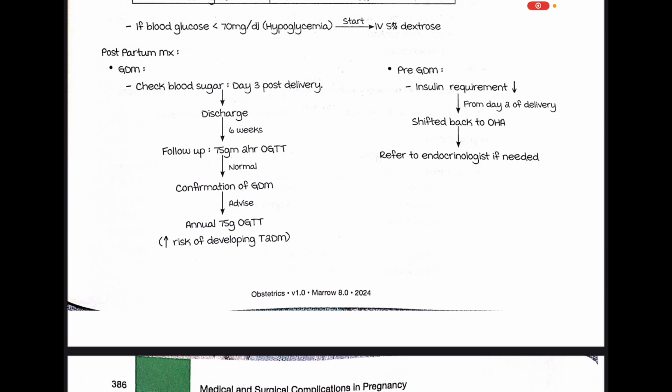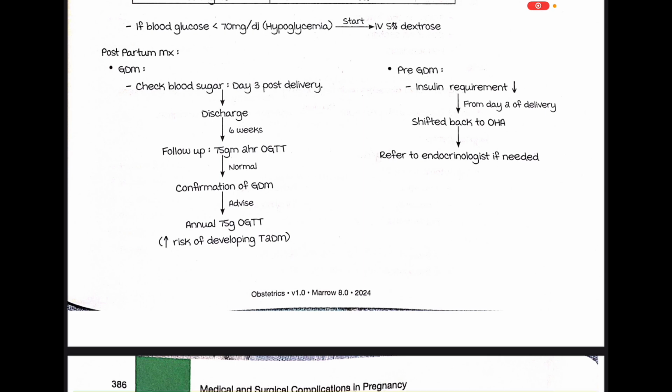Postpartum management. Check blood sugar on day 3 of delivery, then discharge. At 6 weeks follow-up, do a 75 gram 2-hour oral glucose tolerance test.